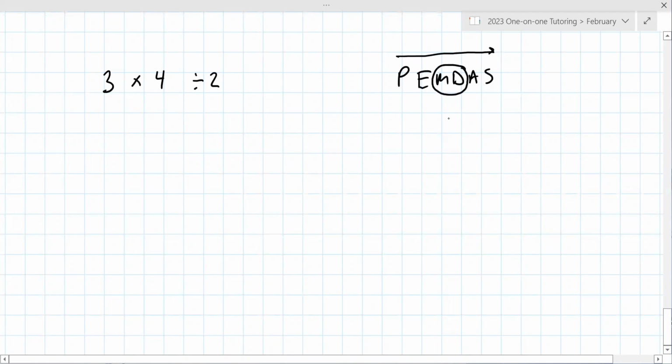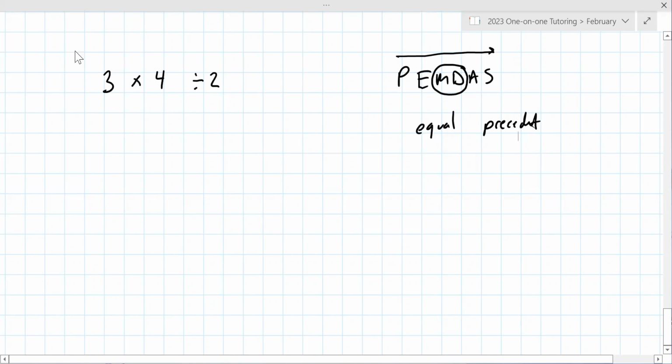Now, what if it's like you were asking me earlier, 3 times 4 divided by 2? Now, what comes first, multiplication or division? Multiplication. Yeah, but the truth is that these have what are called equal precedence, which means you can actually do this problem 2 ways.